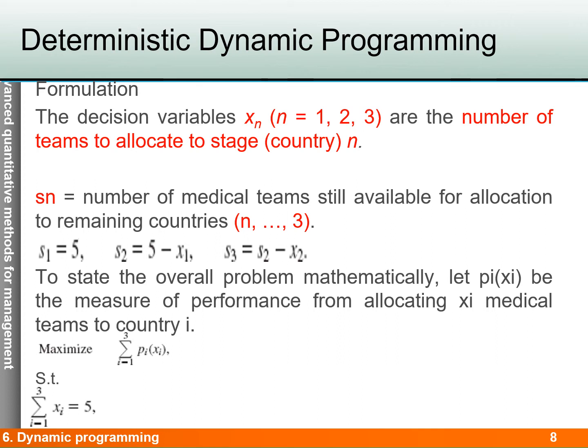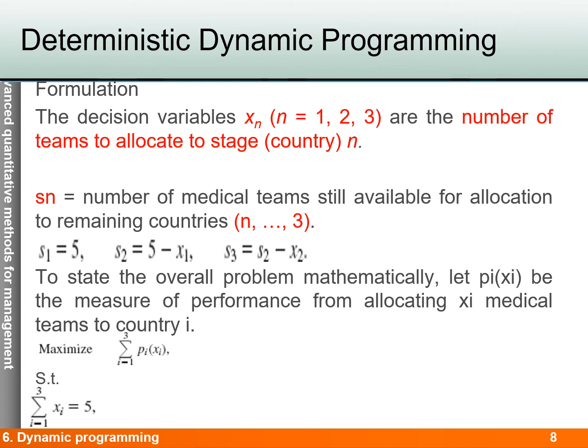Then, if I want to state the measure of performance by pi of xi, it means the performance of the decision variable xi, whatever decision variable we select, what level of performance it gives us. So we show it with pi of xi.